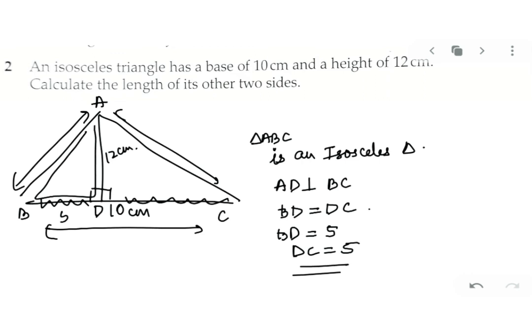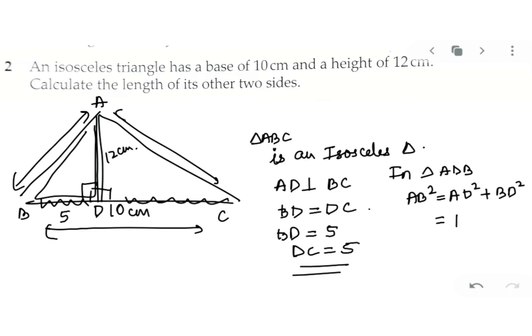In that, BD you have 5, and because AD is perpendicular, you have 90 degree, AD measurement you have 12. So can we go for Pythagoras in triangle ADB? Yes. So it will be AB square, that is hypotenuse square, is equal to first side square plus second side square. Shall we take it?